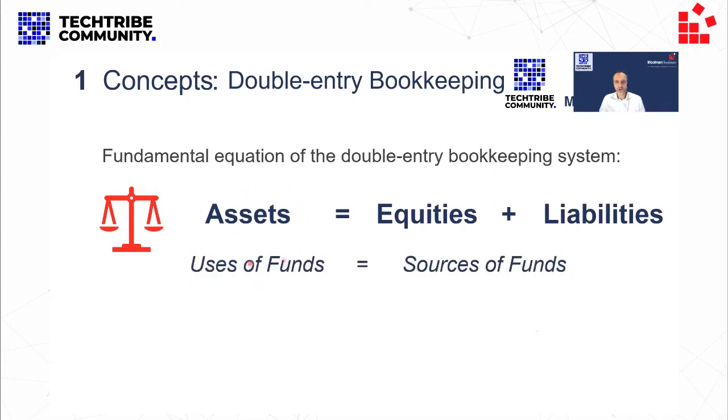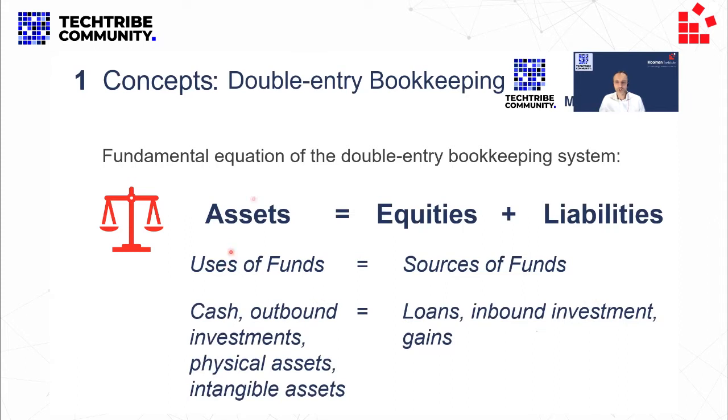Assets really talk about the uses of funds, and equities and liabilities talk about the sources of funds. So the sources of funds mean where did your business get the money to operate? And on the asset side, you have what did your business use the money on? So if we look at what's contained within these buckets called assets, equities, and liabilities, equities is really about inbound investment and also gains or profits from previous years, because those come into the business and they become available to be used.